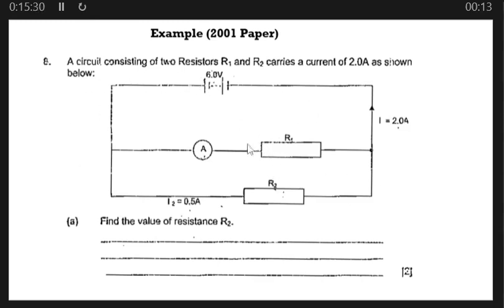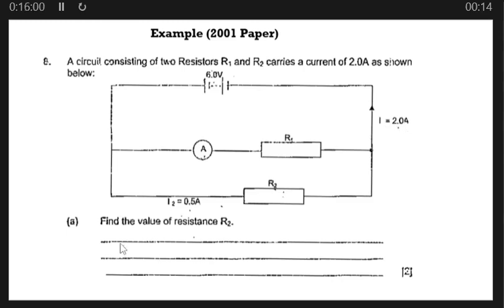In this circuit we have a voltage supply here, then we have resistor 1 and resistor 2, and here we have current I2, which is equal to 0.5 A flowing through resistor 2, and then we have the current here, which is the total current flowing through the circuit, I equal to 2.0 amps.